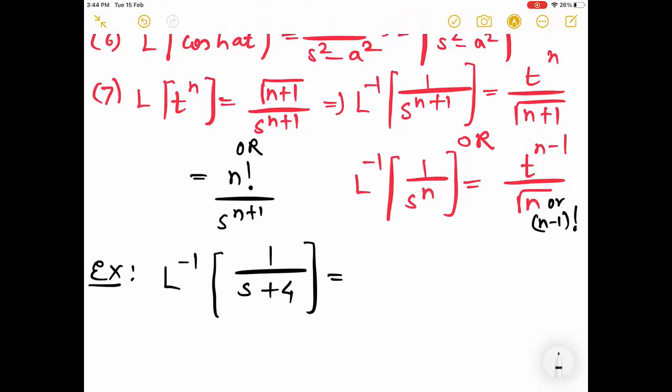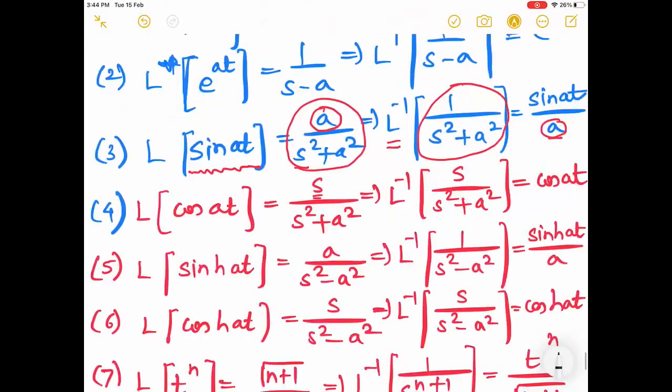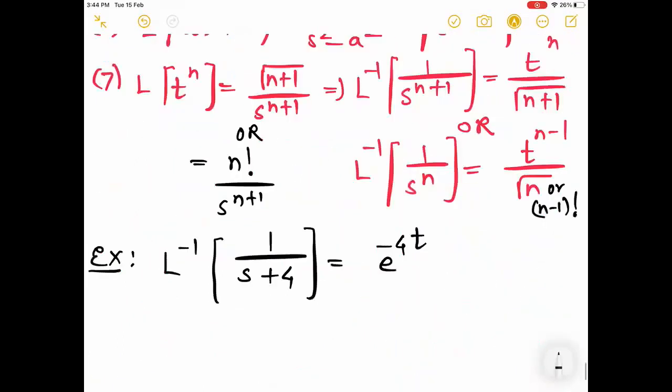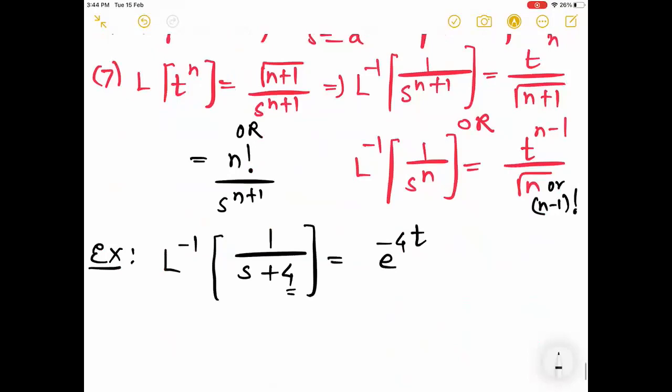Yes, this is e raised to minus 4t, because the transform of e raised to at is 1 upon s minus a. I have got it as 1 upon s plus a, and a is 4. So that is the only change.